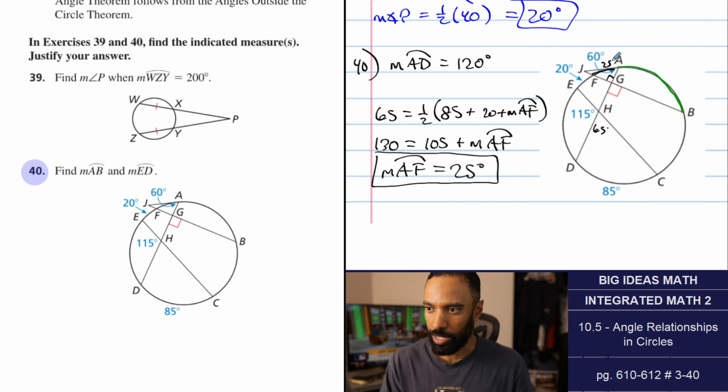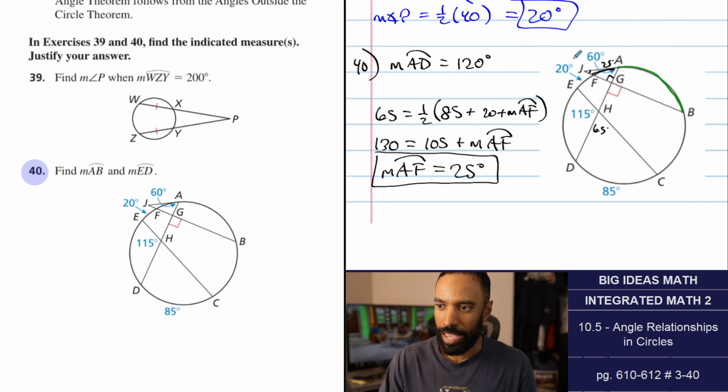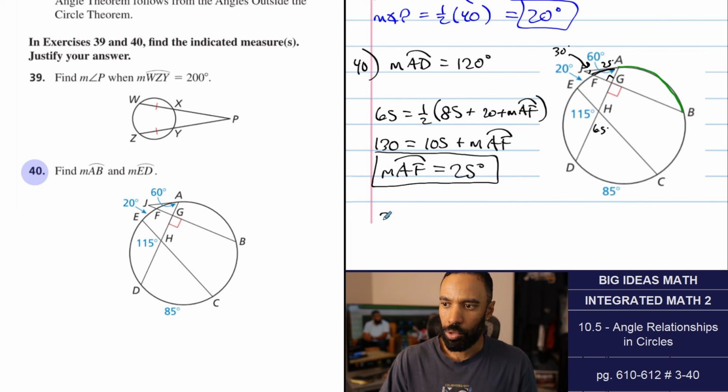I can find the measure of arc AB now using this measure of angle J. I know this is hard to see, but this angle J right here is half of this AB minus the AF of 25. Now J's angle is 30 degrees, because this is a right triangle and that angle is 60. If that angle is 60, this one's 30. So 30 is going to be 1/2 of measure of arc AB minus AF, which is 25 degrees.